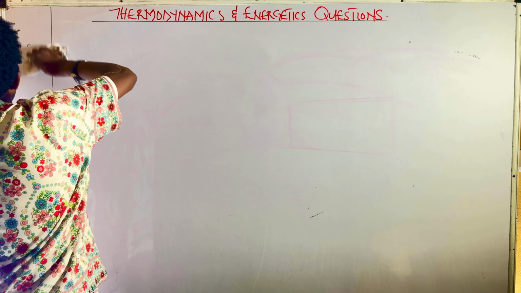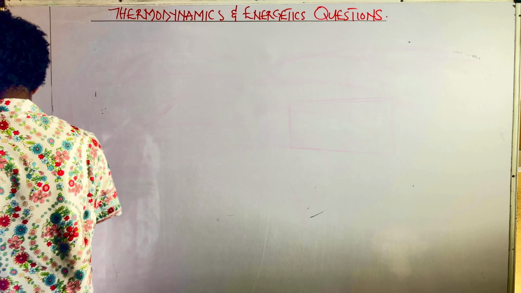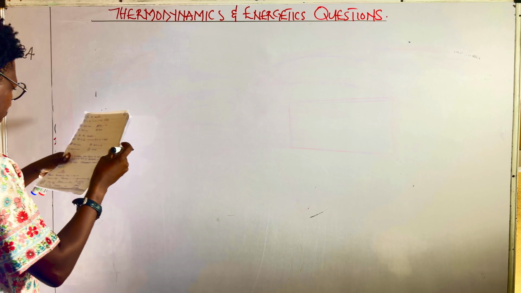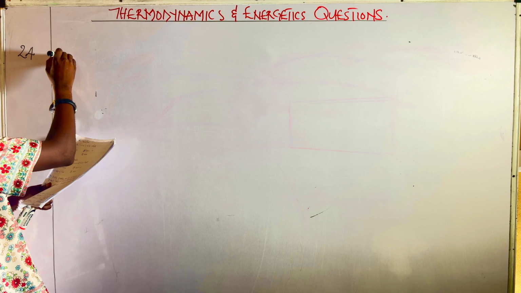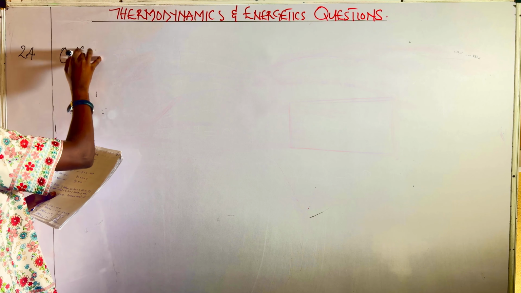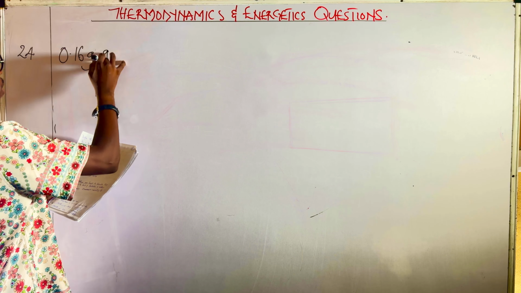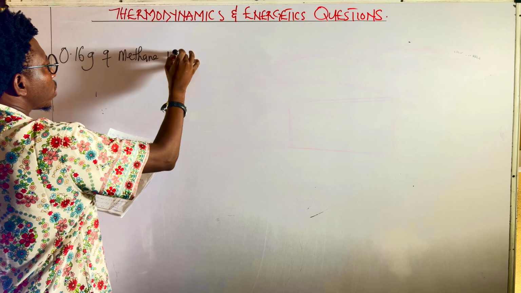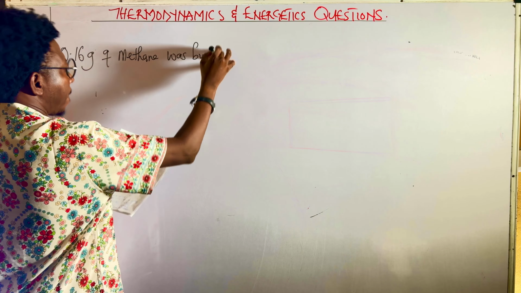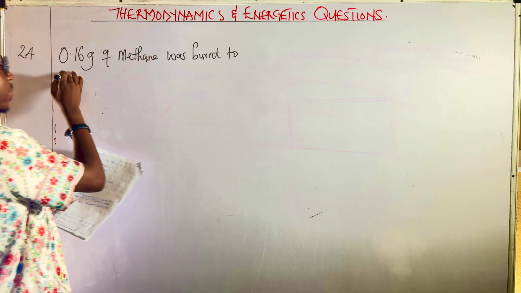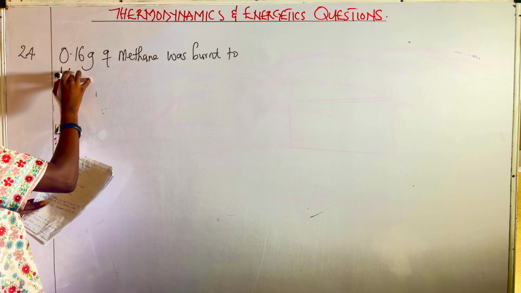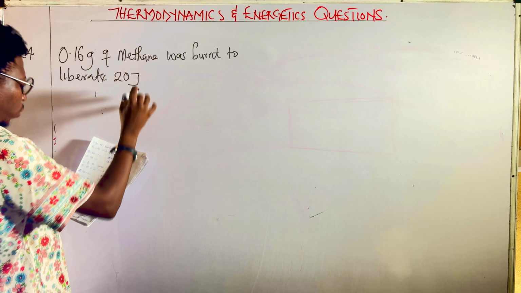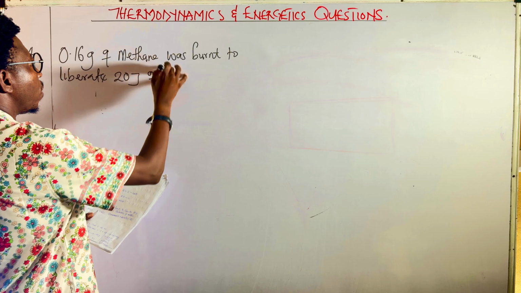Question number 24. Question number 24 states that methane was burnt to liberate 20 joules of heat.